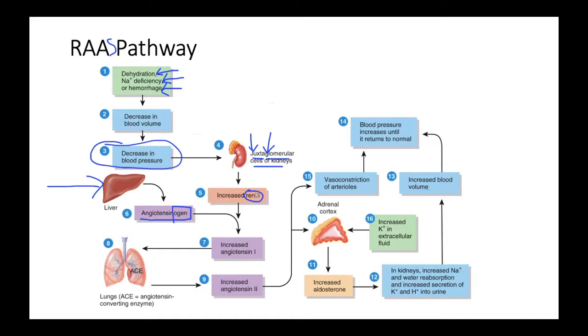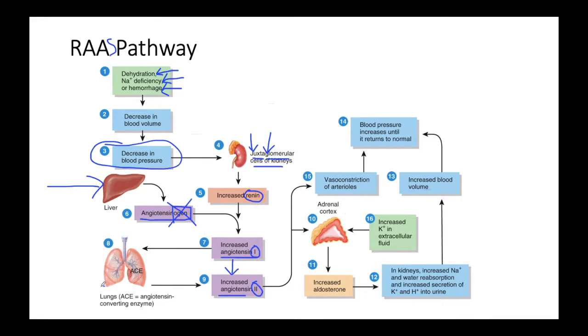So renin bumps into angiotensinogen. It's going to knock off the -ogen, activate it, and become angiotensin 1. Now, if there's an angiotensin 1, it's safe to assume that there's probably going to be an angiotensin 2. But how do we go from angiotensin 1 into angiotensin 2?